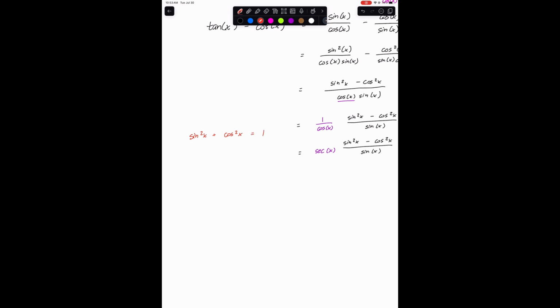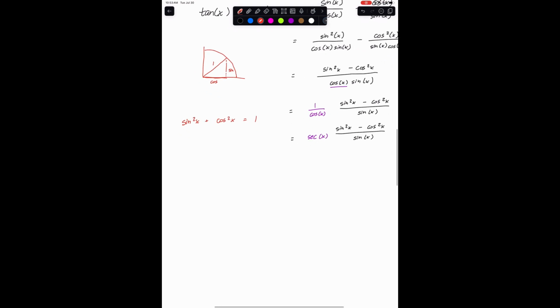This is just the definition of a unit circle. Just good old unit circle. Your radius is 1, your height is sine, and your base length here is cosine.